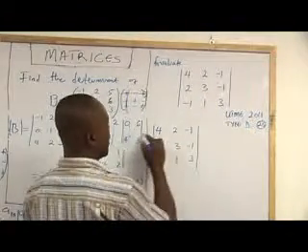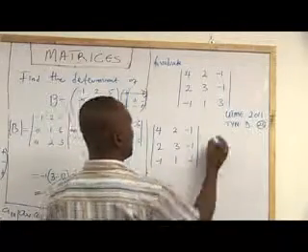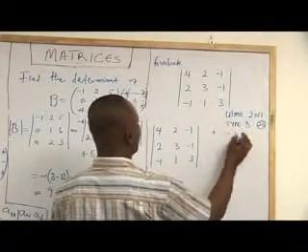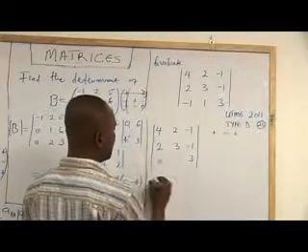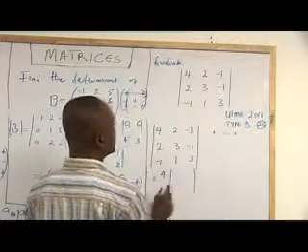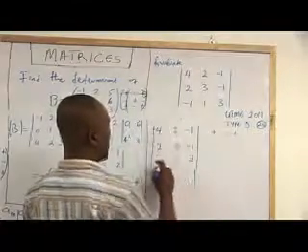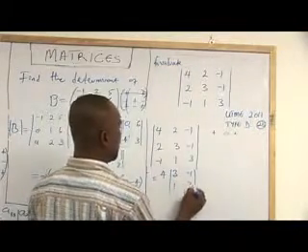I start with, again, I'm going to use my row 1. It's always easier so that you don't miss out. You just know you're going to use plus, minus, plus for the first row. So I say, okay, the determinant of this matrix will be equal to 4 into what? Rule out row 1, rule out column 1, we have 3, minus 1, 1, 3.